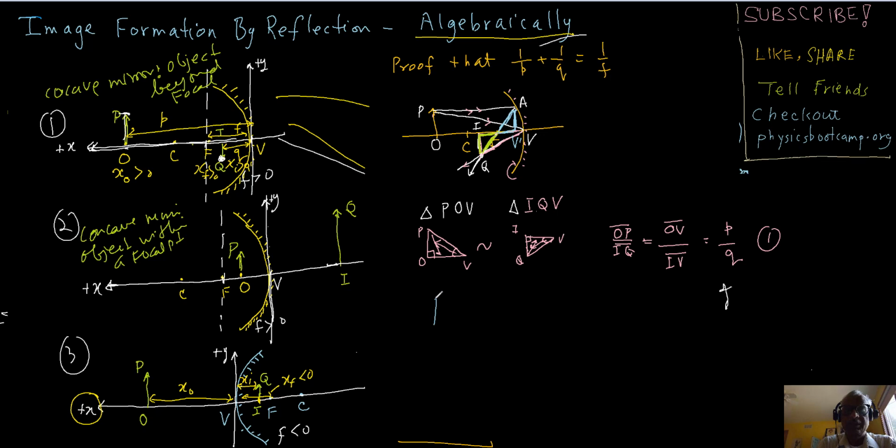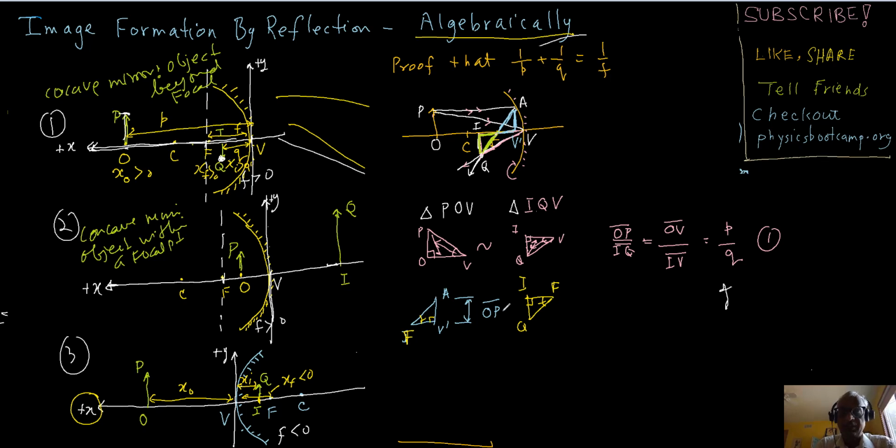One triangle is V prime AI, so this is the same as the OP distance, and the other one is a triangle which looks like this, F, I and Q. This angle is equal to that angle, and this is 90 degrees.